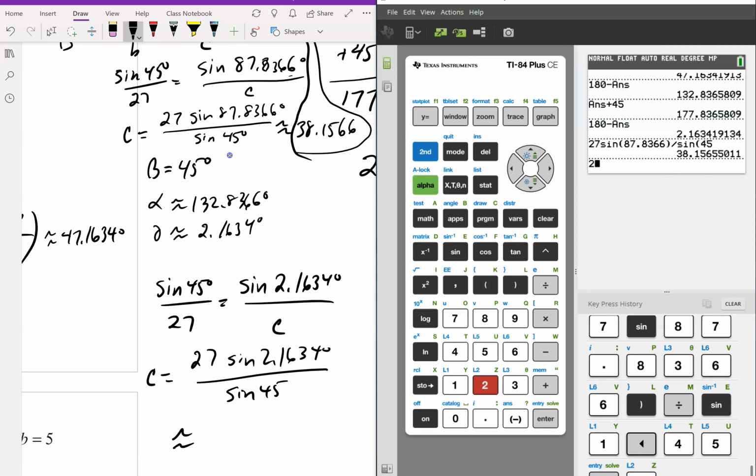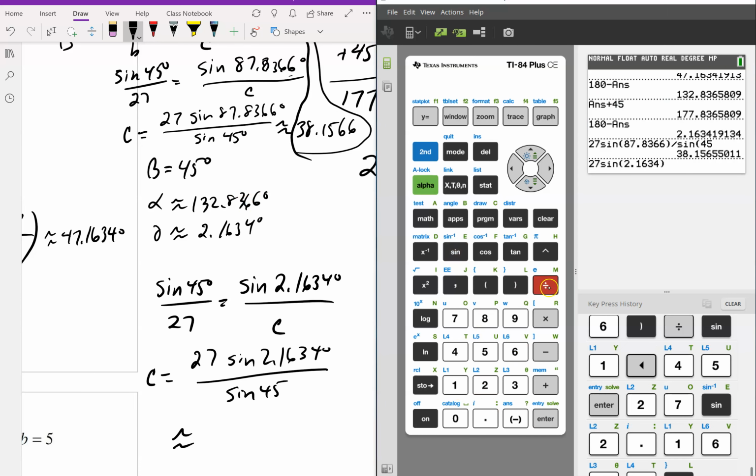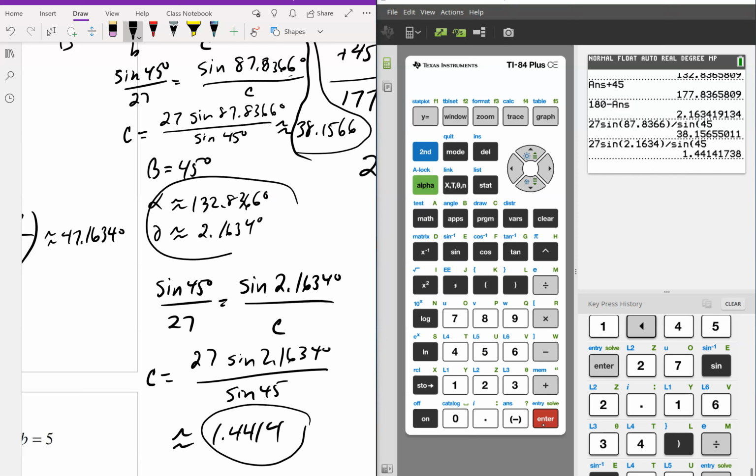So we'll have 27 sine of 2.1634 divided by sine of 45. And we get roughly 1.4414. And now these go together for your second triangle. So this is another example of getting two triangles when we solve for a particular angle.